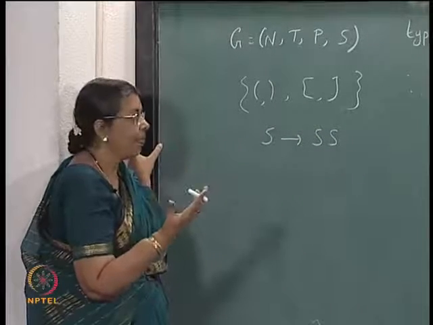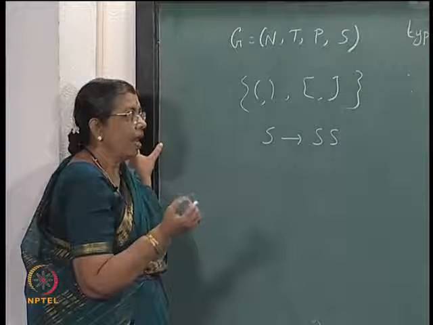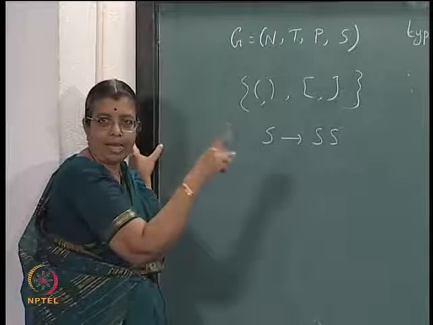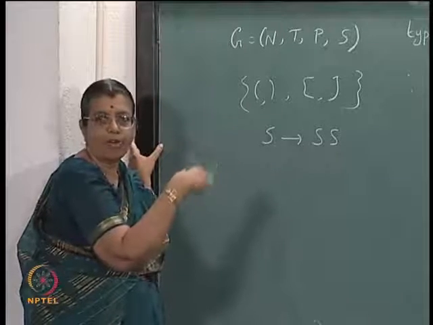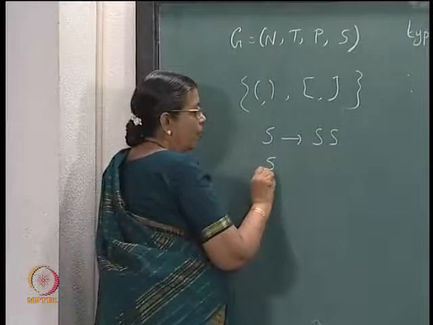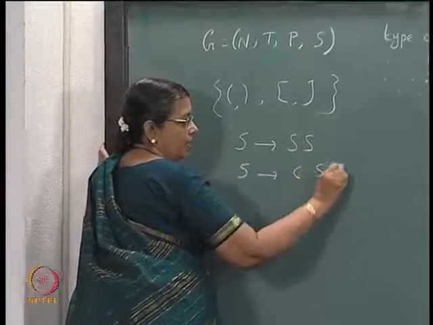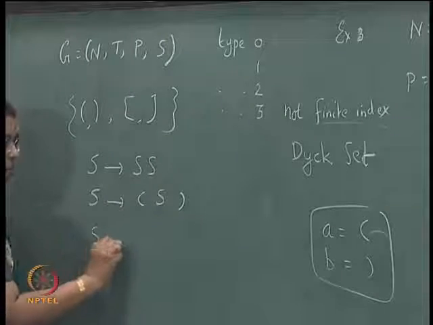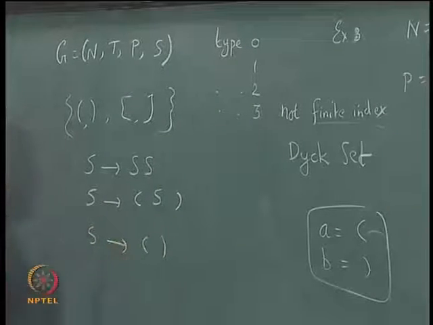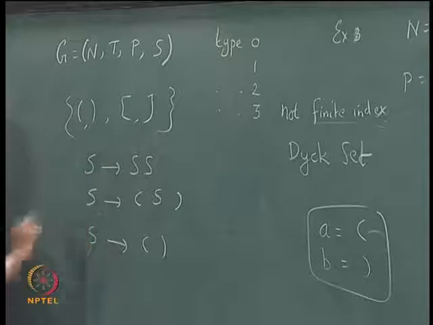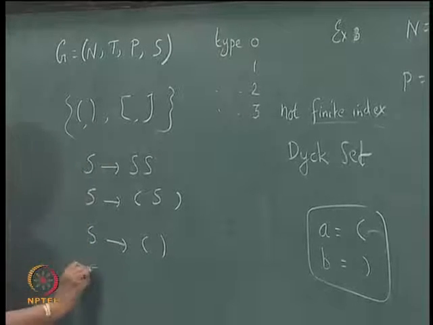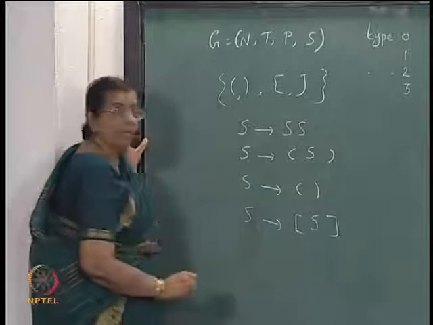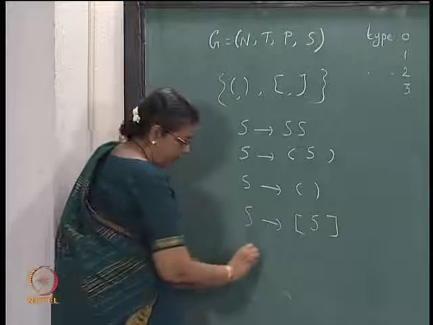That should be there. Then when you generate one left parenthesis, you must generate the right parenthesis. In between, you must allow for nesting. So S goes to this should be there, and to terminate also you should have this, and similarly for the other one also you should have. So S goes to this and S goes to this.